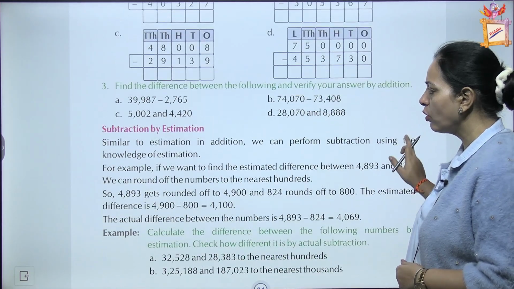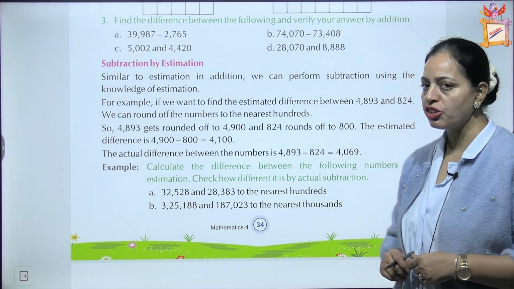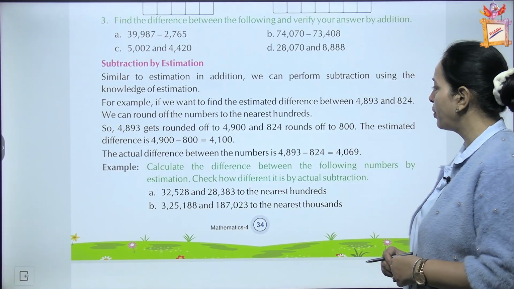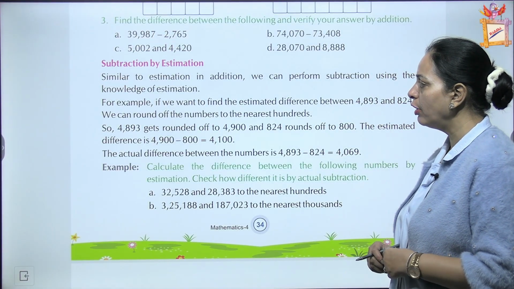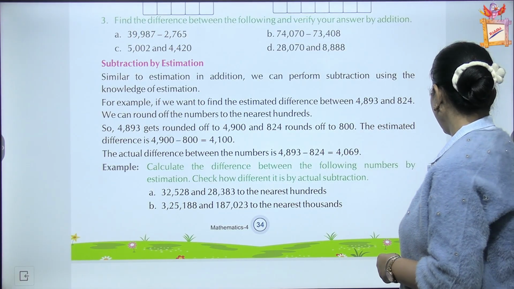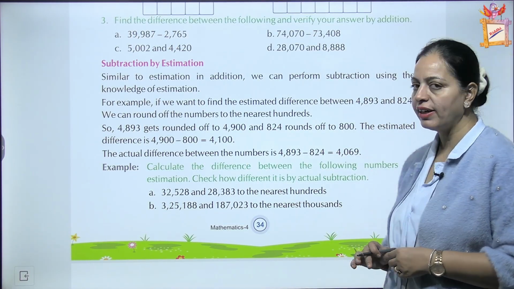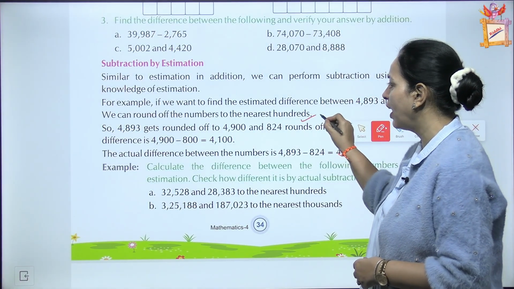Now the next we are talking about is subtraction by estimation. Similar to estimation in addition, we can perform subtraction using the knowledge of estimation. For example, if we want to find the estimated difference between 4,893 and 824, we can round off the numbers to the nearest hundreds.